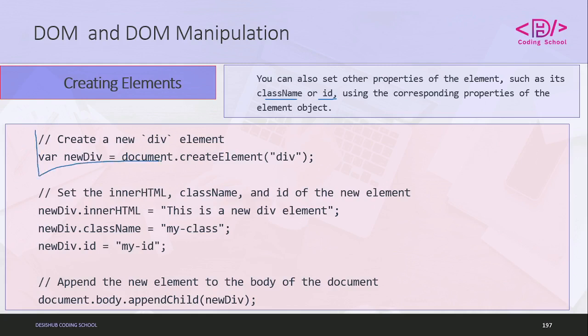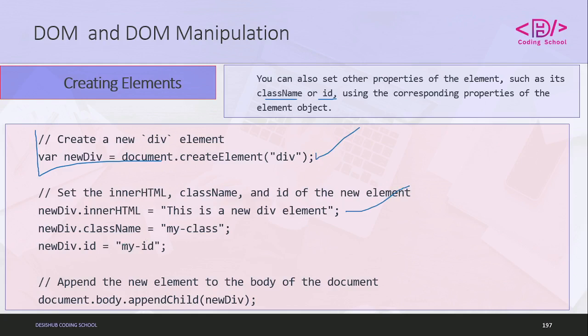Step number 1, create a div using the create element method. In the second step, we look at setting the inner HTML. So you know this one, newDiv.innerHTML = "This is a new div element". So we have done this step, we know it. So this step we are good.